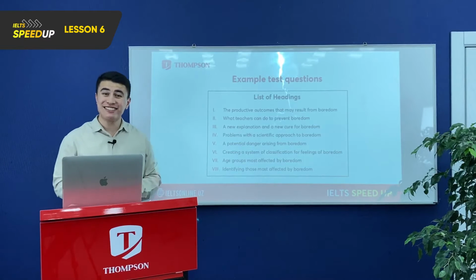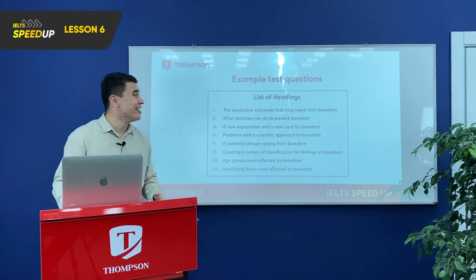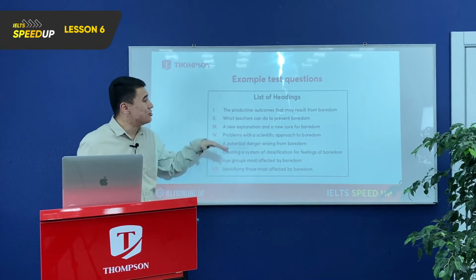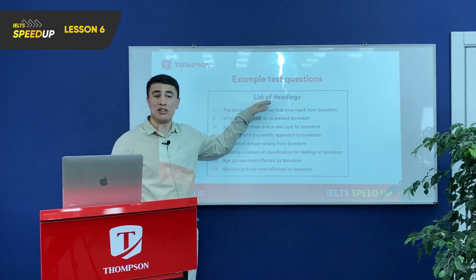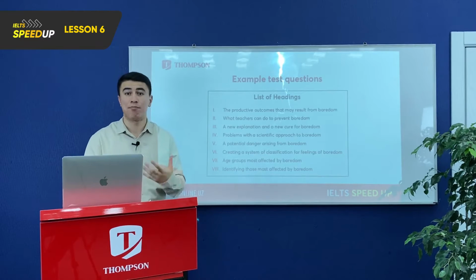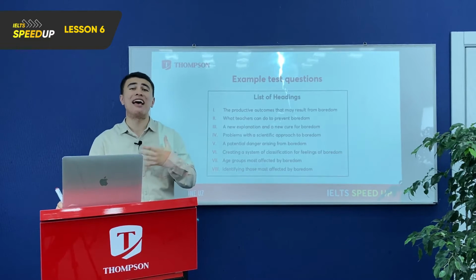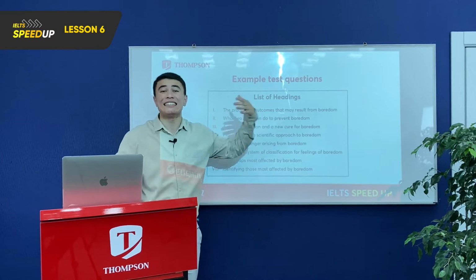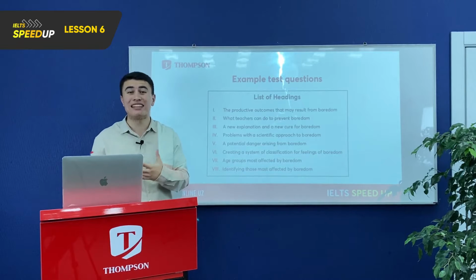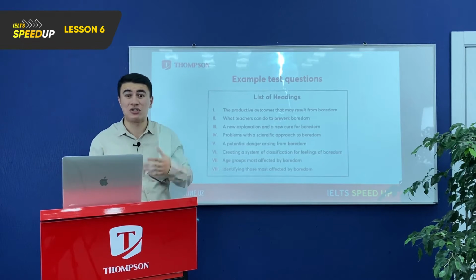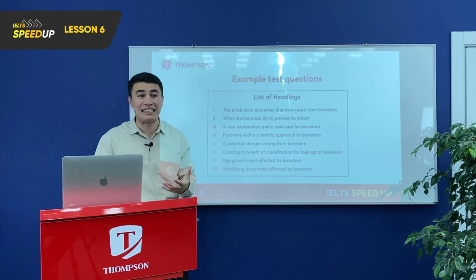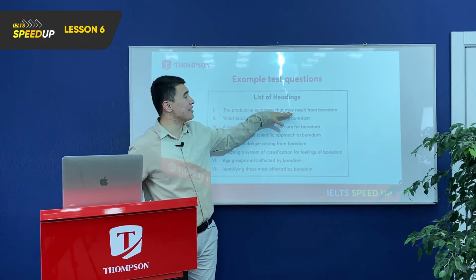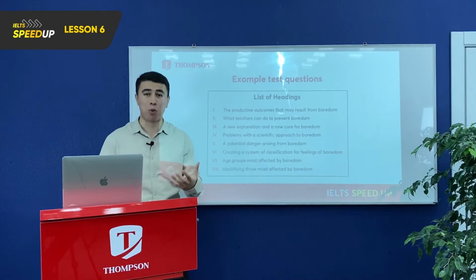Okay, let's consider a sample question. Before you start reading the passage, you should carefully analyze the list of headings, and if it is possible, it's always more effective and easier to paraphrase these sentences into simpler language, simple English, so you can remember them easily. Okay, let's see. The first one, the productive outcomes that may result from boredom.